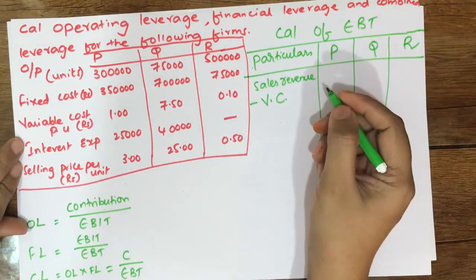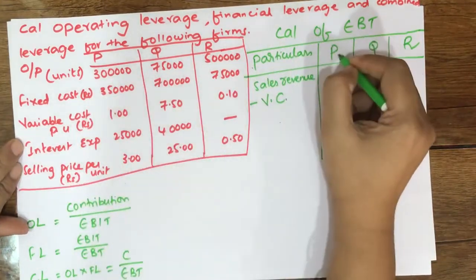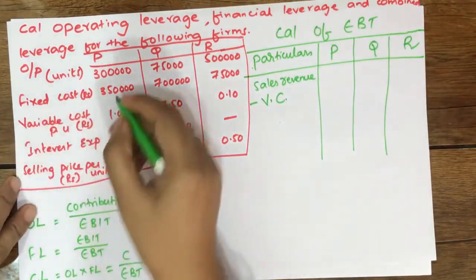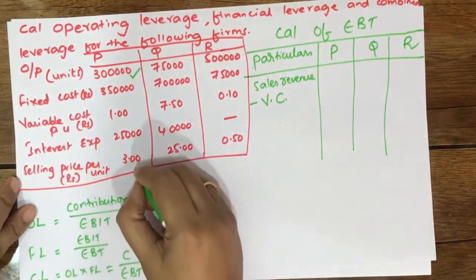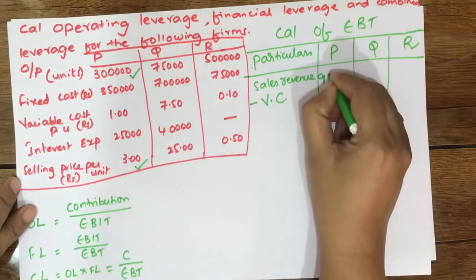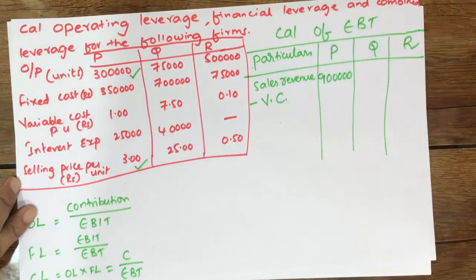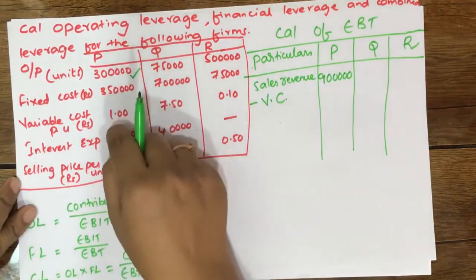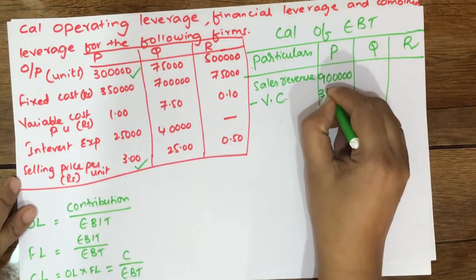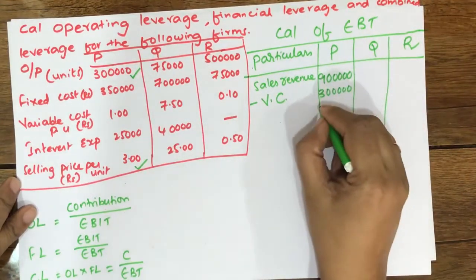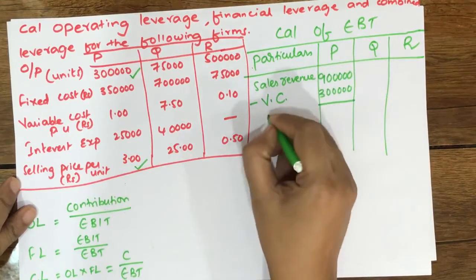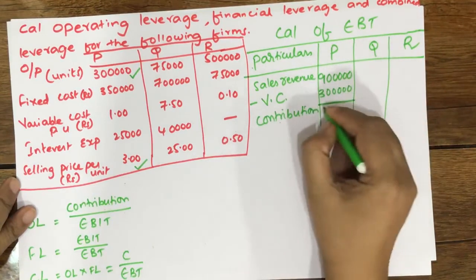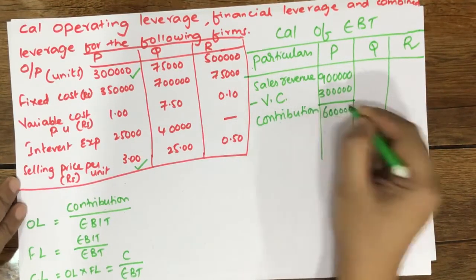Let us first find out firm P's data. Output is 3 lakh units multiplied by 3 rupees each, which is 9 lakh rupees. Variable cost is 1 rupee per unit, so 3 lakh units into 1 rupee is 3 lakh rupees. After deducting, we get contribution: 9 lakhs minus 3 lakhs is 6 lakh rupees.